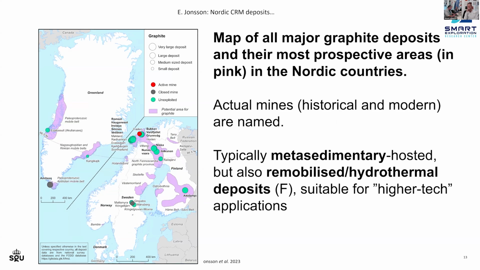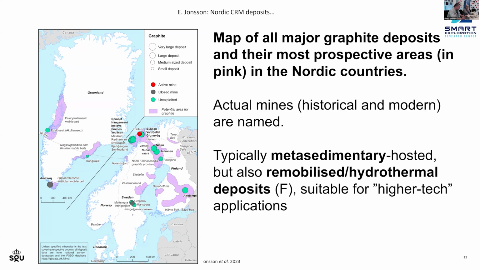If we look at graphite, industrial mineral and critical raw material, essential for example for the production of batteries, and essential for the production of graphene and all graphene derivatives.